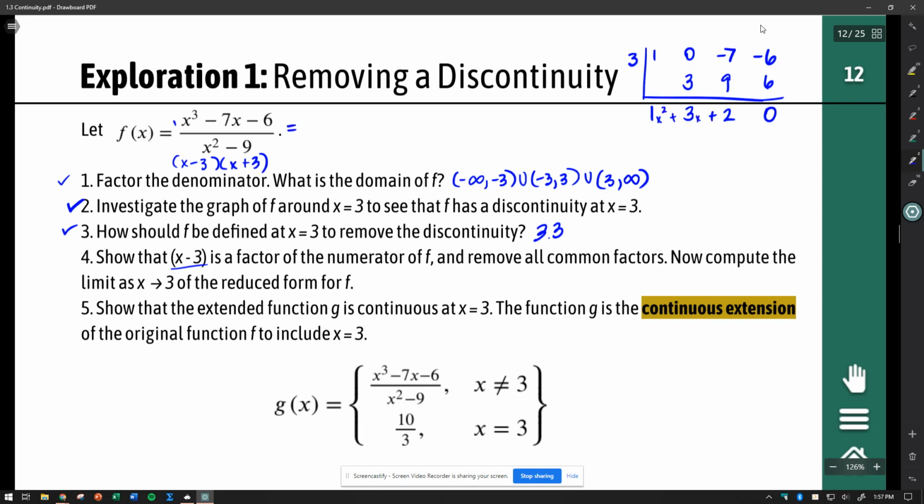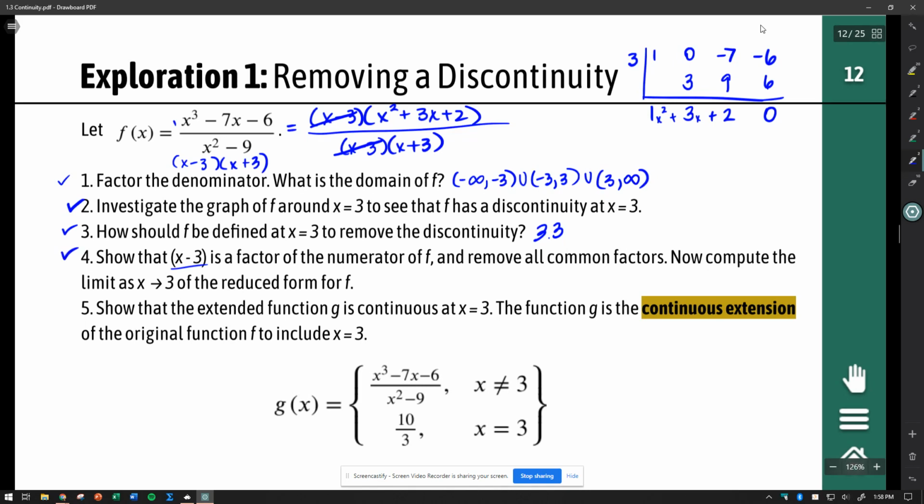So this function is equal to the factor x minus 3 times the factor x squared plus 3x plus 2, and this is all over x minus 3 times x plus 3. So that common factor of x minus 3 can be canceled out or removed from the original function to create a new function, x squared plus 3x plus 2 over x plus 3.